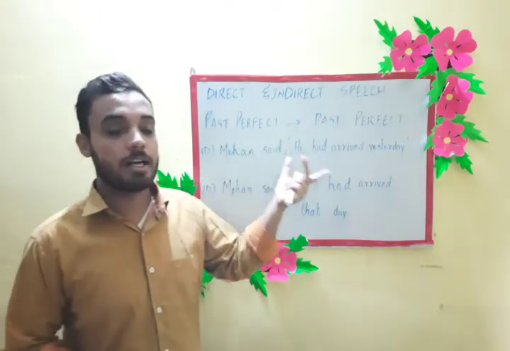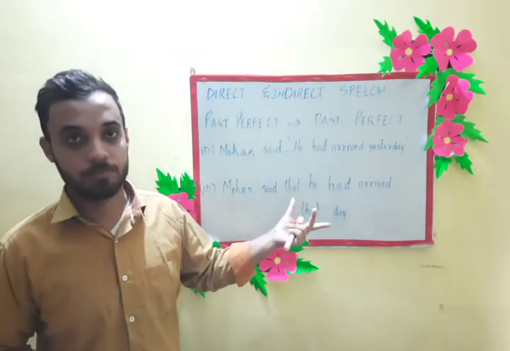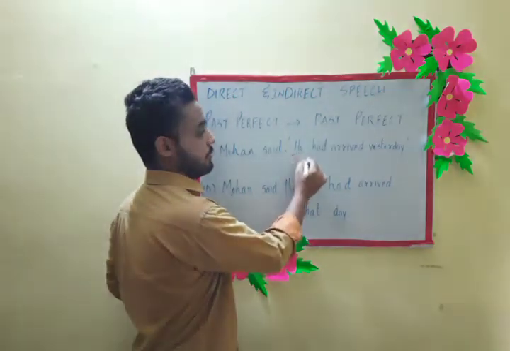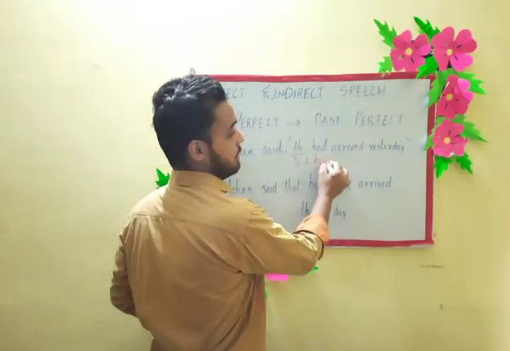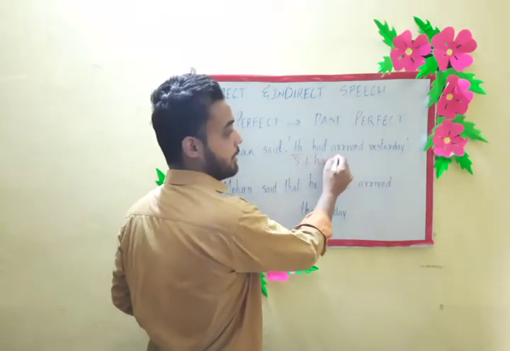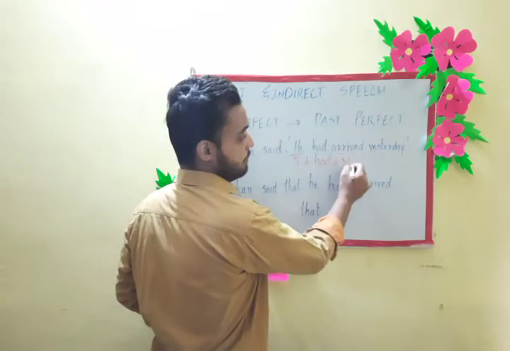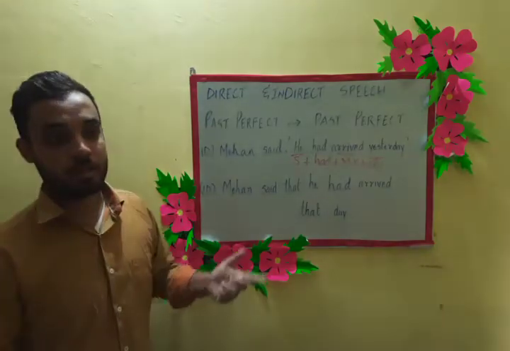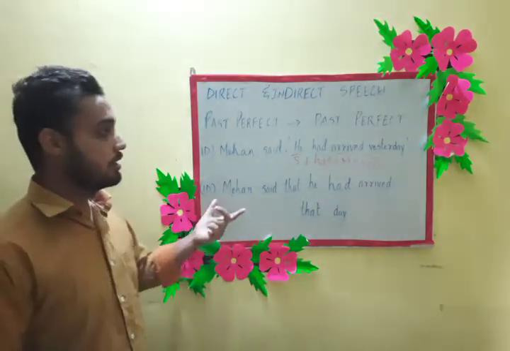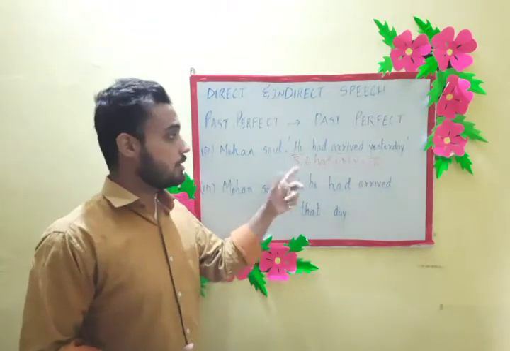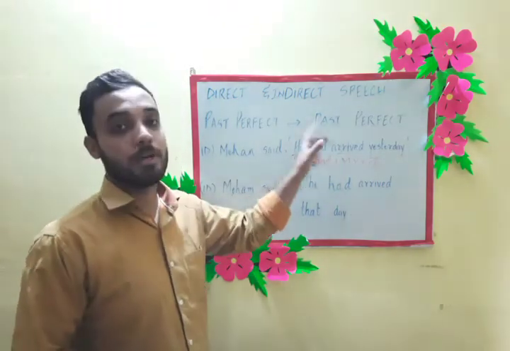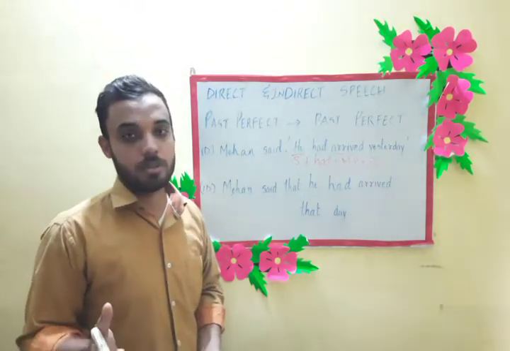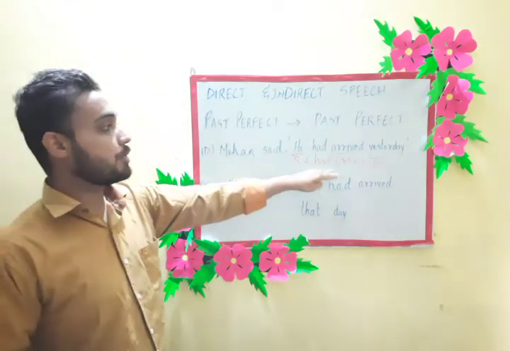Whenever you see direct speech written in past perfect, where we have the subject plus had plus the past form of the main verb, and the object, you can identify it. An object can be there or not; it is not necessary. But seeing the subject plus had plus the past form of the verb, you can easily identify that the sentence is in past perfect tense. So this is the structure for past perfect tense.